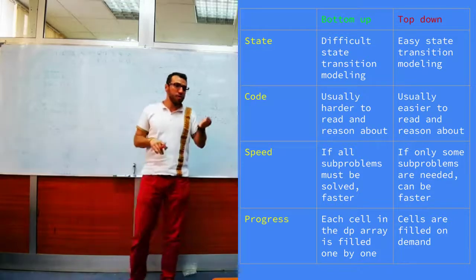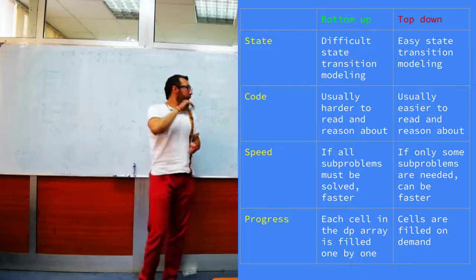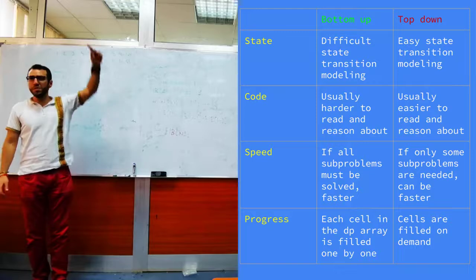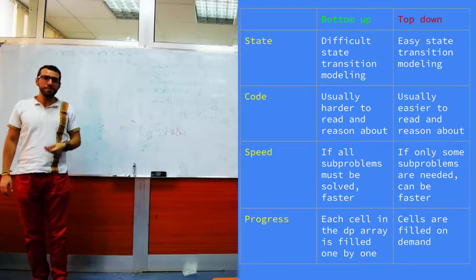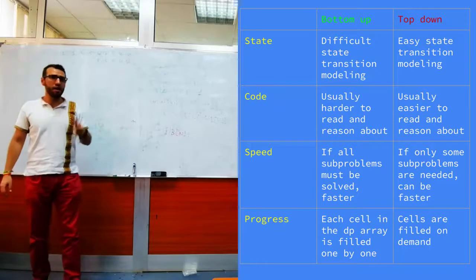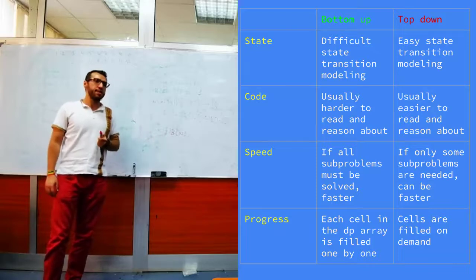But when it comes to top-down approach, we don't really have to do that. Because we actually know which sub-problem solutions are needed, because we start from the one that we want to solve. Therefore, if it is possible to skip some of the sub-problems whose solution is not necessary to calculate the larger problem solution, then the top-down approach can actually skip them.